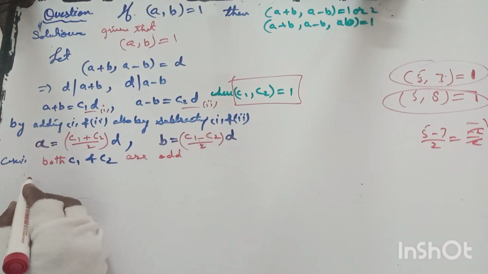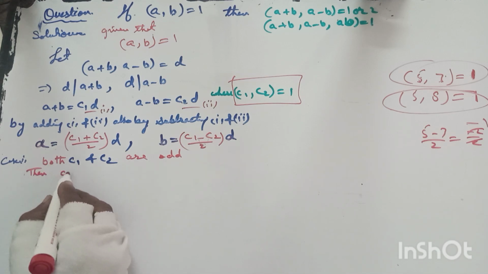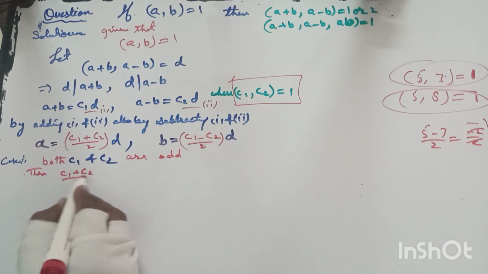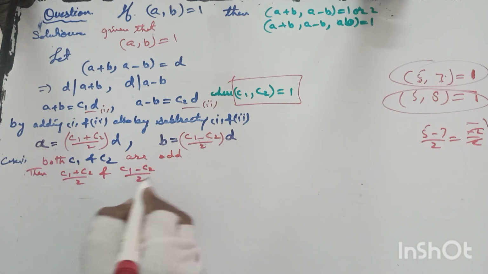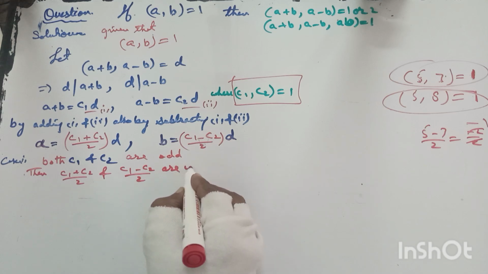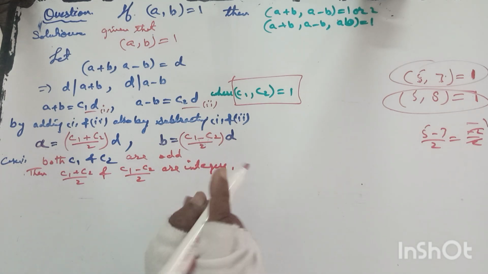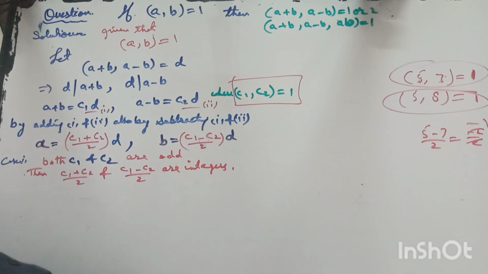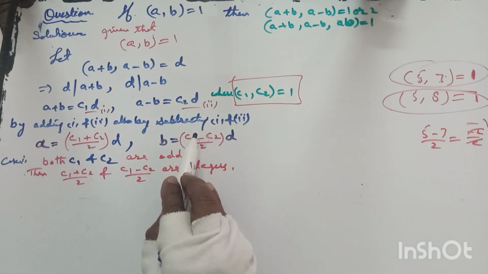Both are odd, then (C1 plus C2) by 2 and (C1 minus C2) by 2 are integers. What does it mean? This is also an integer, this is also an integer.